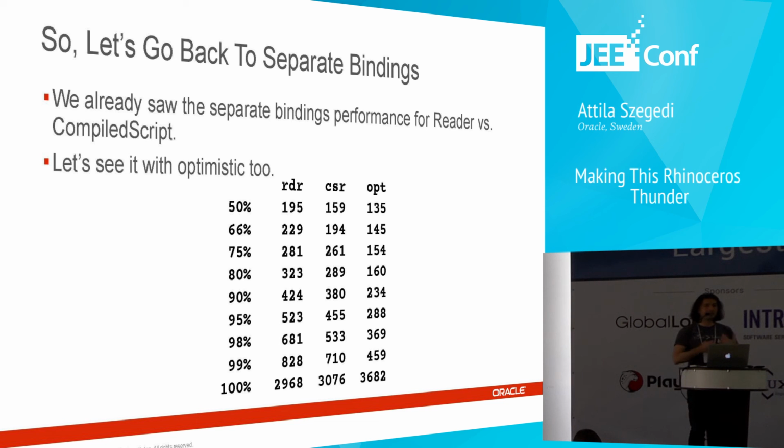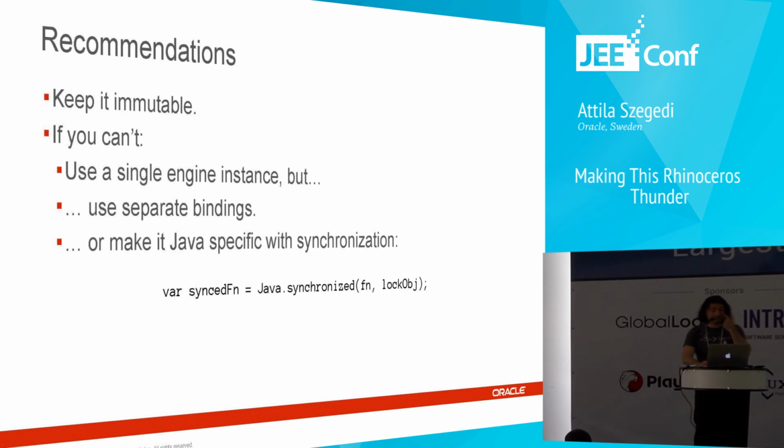And we can rest assured that neither will step on the other's toes. So why I'm telling you this is you need to use separate bindings if your JavaScript program has mutable shared state. If it doesn't, you might as well use the same bindings.